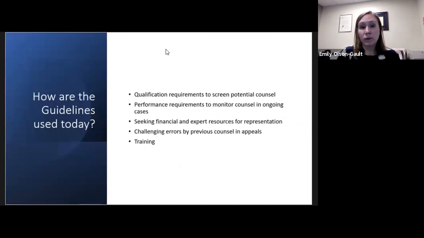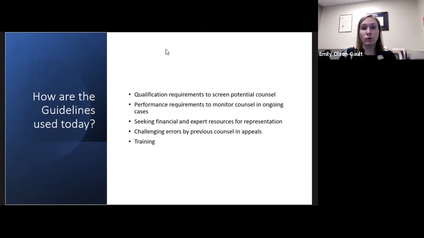And the final way that we continue to use the guidelines today is in training. And Robin mentioned this, that as a part of both the requirements for training and at those training conferences themselves, our capital defense guidelines play a prominent role. The guidelines are an essential part of all of our regional and national capital defense training programs.